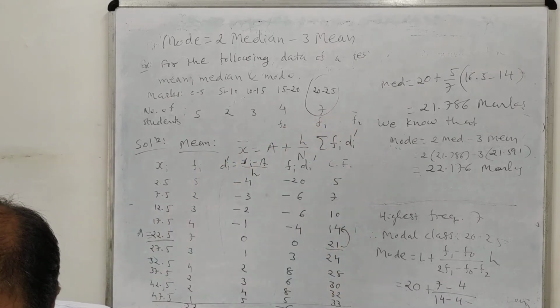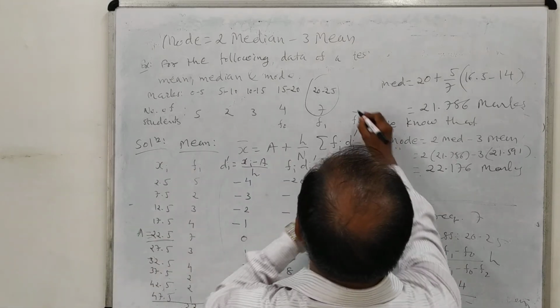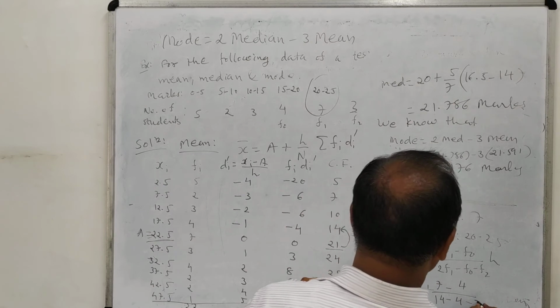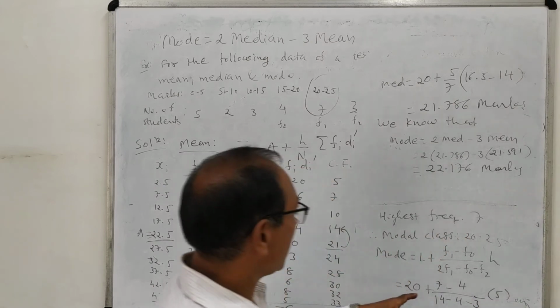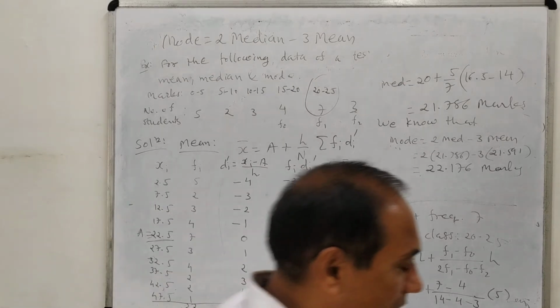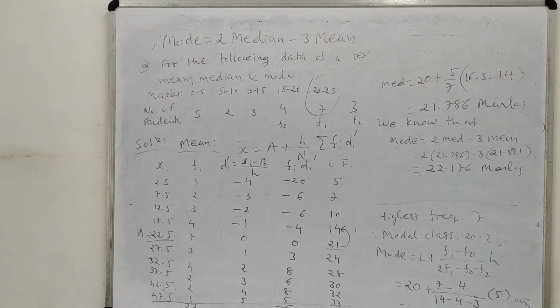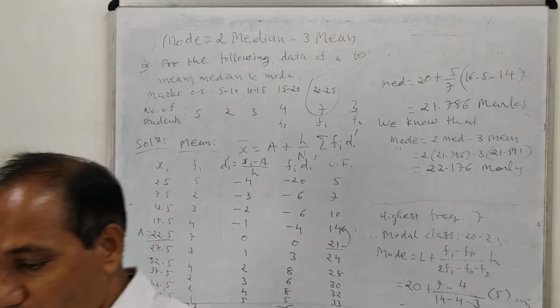F2 was 3, the frequency after 10, into H, which is 5. If you calculate, you will get the same answer, 22.176. So you can find out any two of mean, median and mode, whichever you find easiest to obtain.